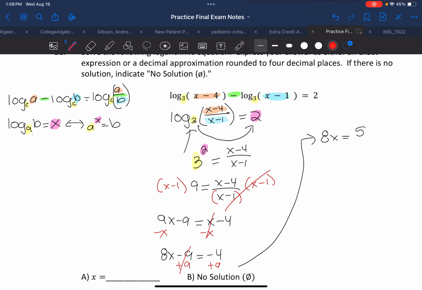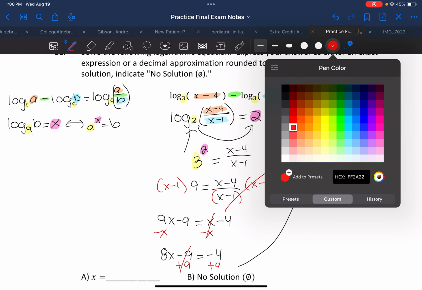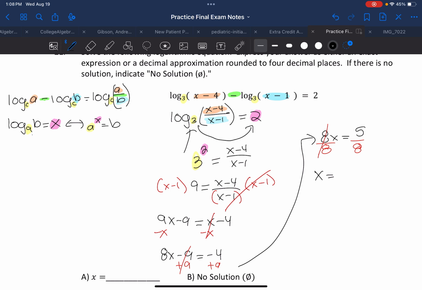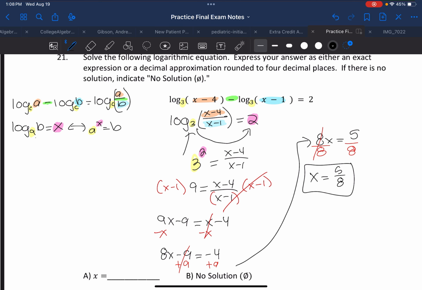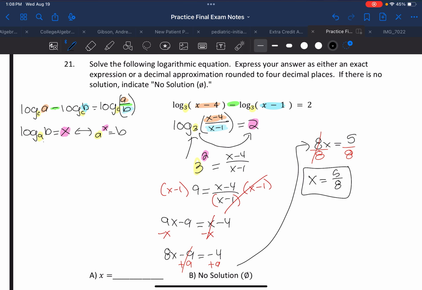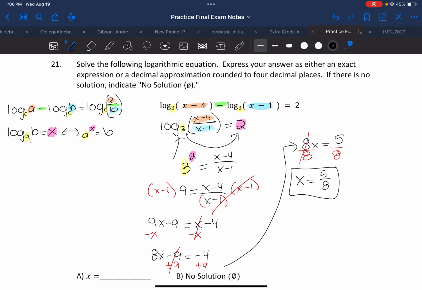And then divide both sides by 8. So x will be equal to 5 over 8. And if they wanted that as a decimal approximation, 5 divided by 8 is 0.625.